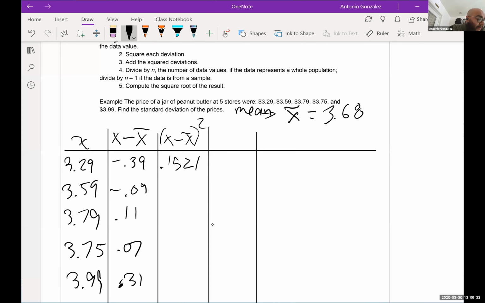Then 0.09 squared, 0.0081, and then 0.11 squared, 0.0121, and then 0.07 squared, 0.0049, and then lastly 0.31 squared, we get 0.0961.